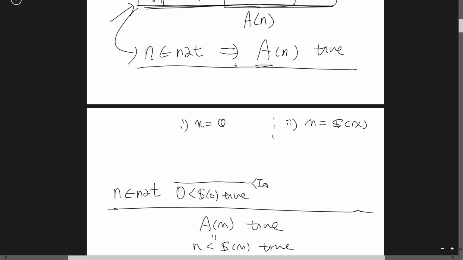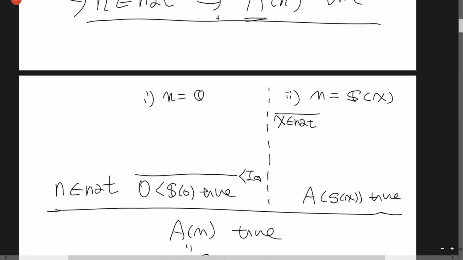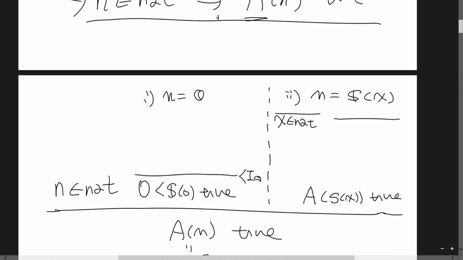And in the inductive case, we have to show that A of successor x is true, and the hypothesis is x is a natural number, and the second hypothesis is A of x is true. So this can be called, for example, u of x.